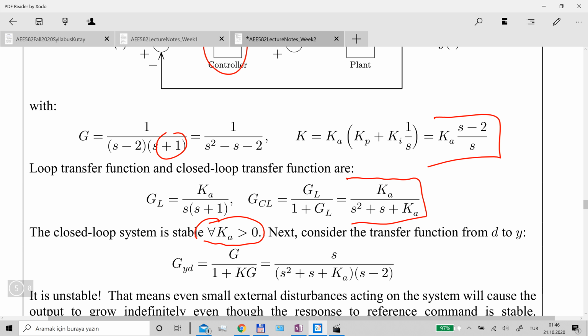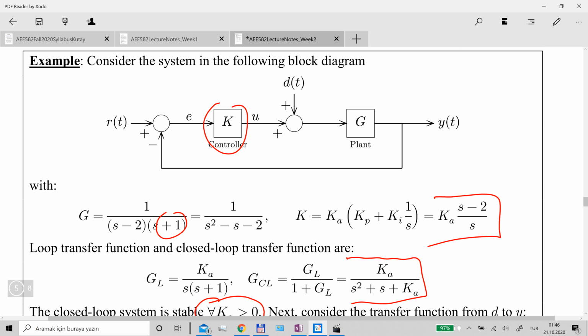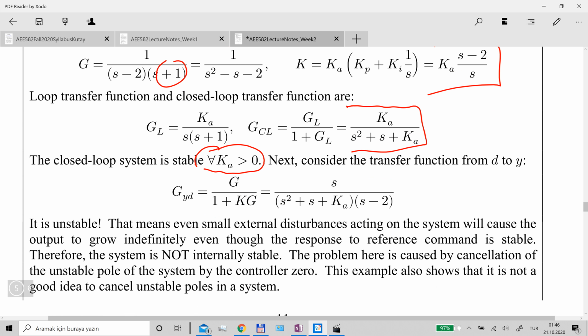Okay, well, if you calculate that transfer function between this disturbance input and the output, it's given by this expression G over 1 plus K times G. And if you put G and K into that expression, you will see that that transfer function is given by this, S over S squared plus S plus Ka. So this is the denominator of the closed loop transfer function, which will be stable. However, we have an unstable pole in the transfer function.